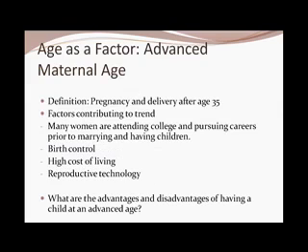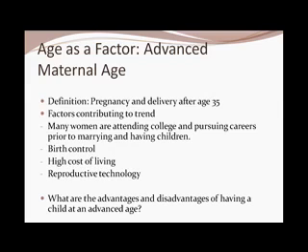Considering the other end of the spectrum, advanced maternal age is when a woman is pregnant and delivers after age 35. There are many contributing factors to this increase in the number of advanced maternal age patients we're seeing. Many women are attending college now and pursuing a career. They may wait to get married and wait to have children. In addition, there are more birth control options that are available, and they're very effective.